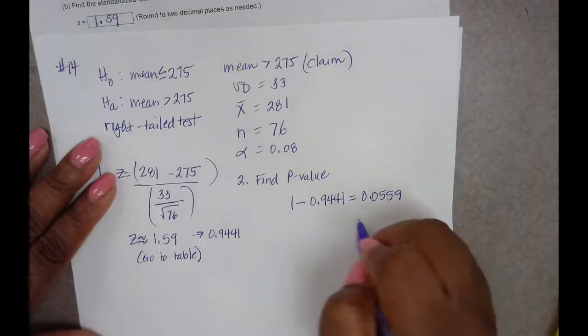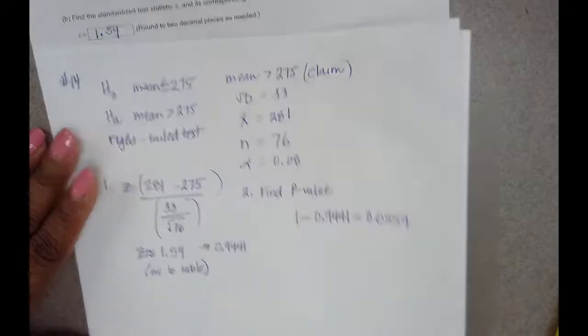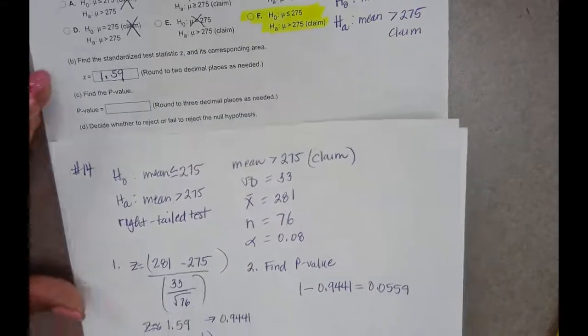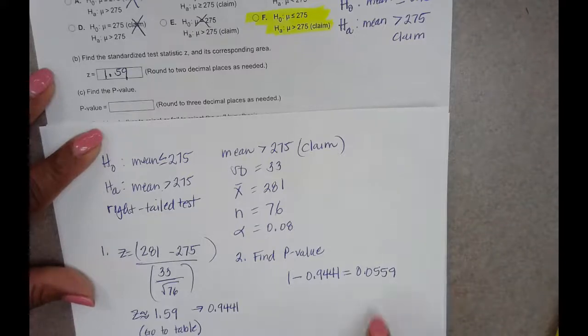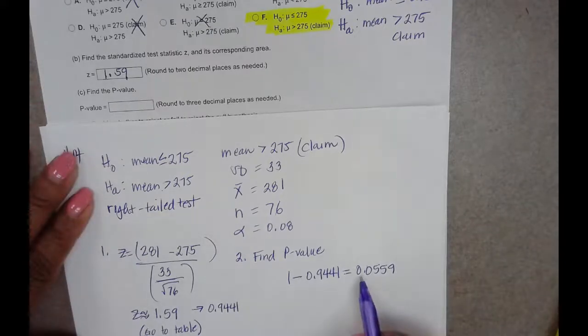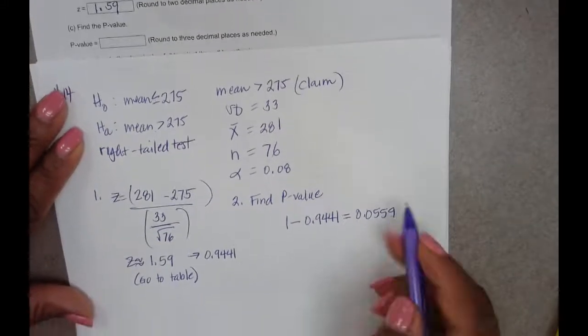If I round this, according to the problem, they're asking us to round that p-value to 3 decimal places. So 0.05, I would say that to be 6, y'all.